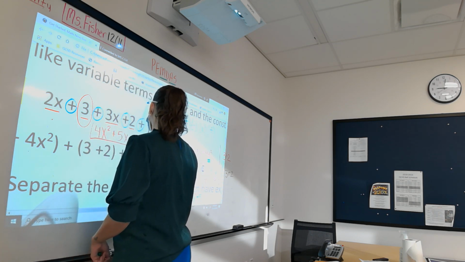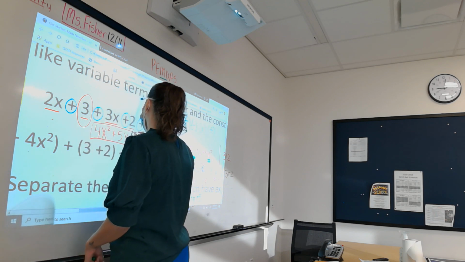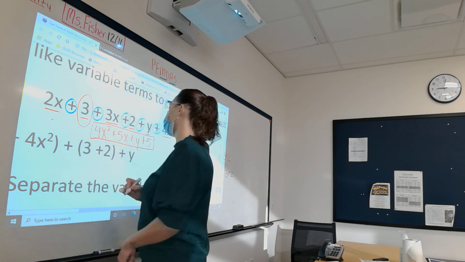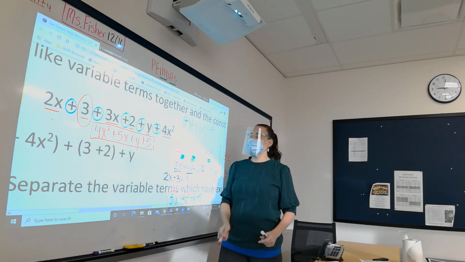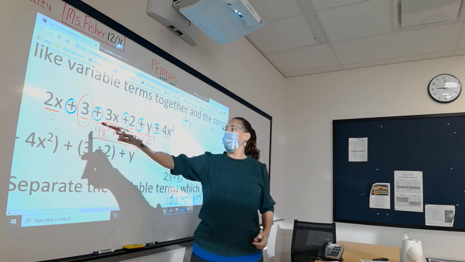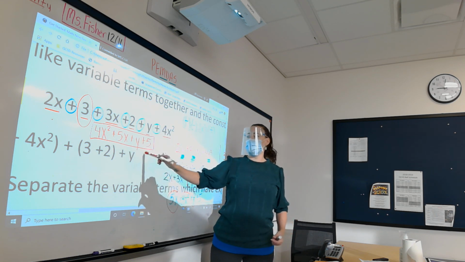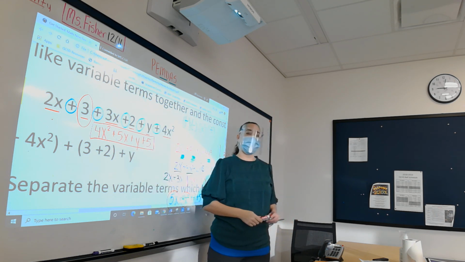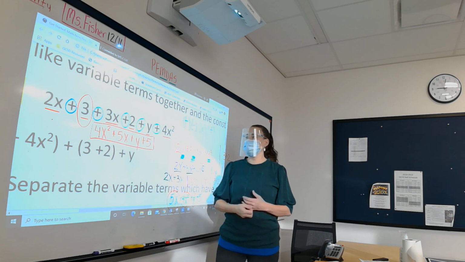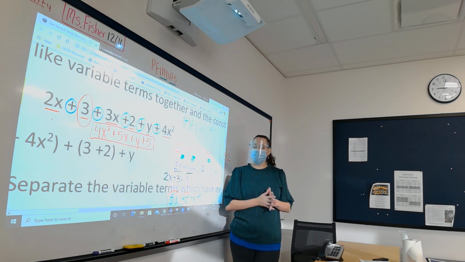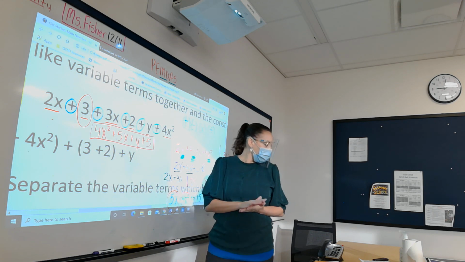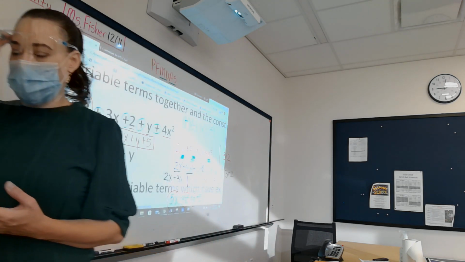Final answer. So when everything's said and done, this becomes this when you combine your like terms. Okay? Don't worry, we're going to go through this. So I'm going to give you a second to copy that down.